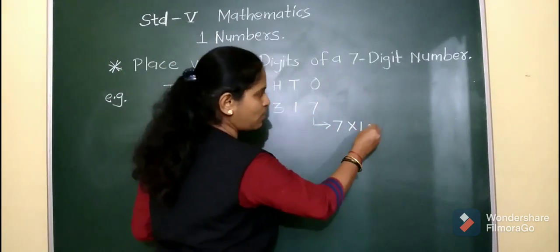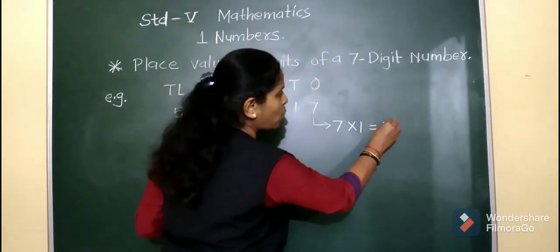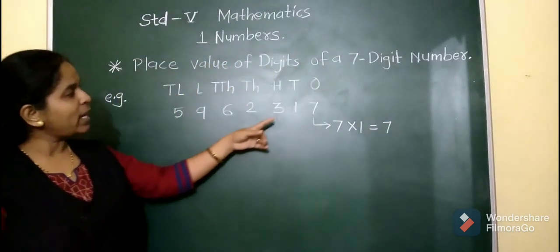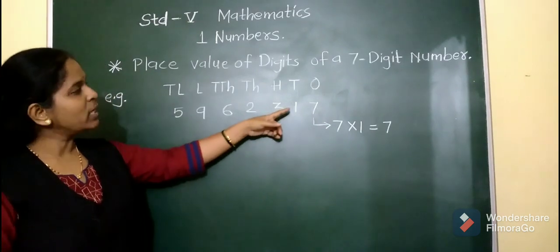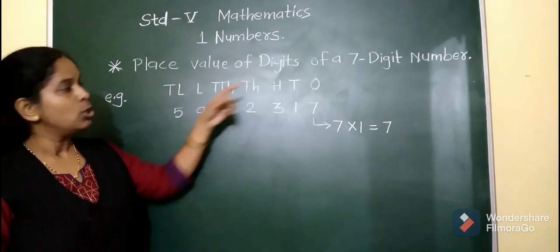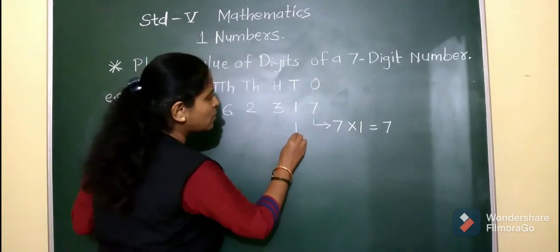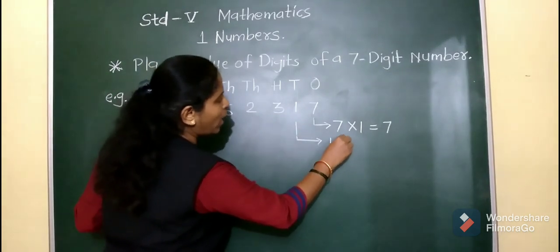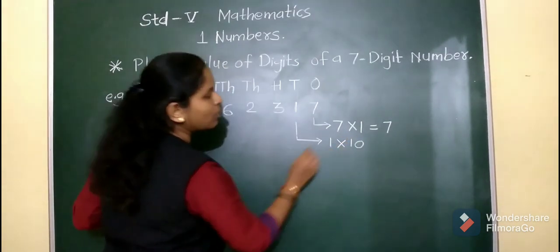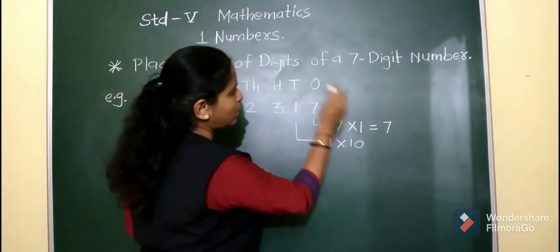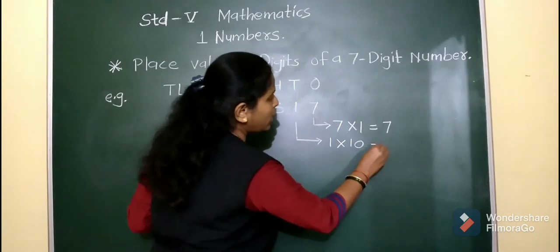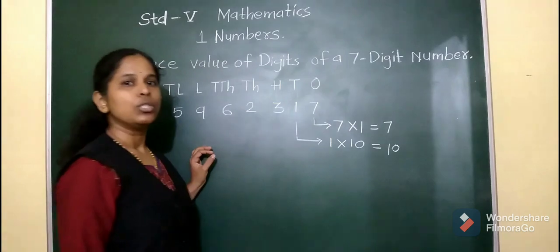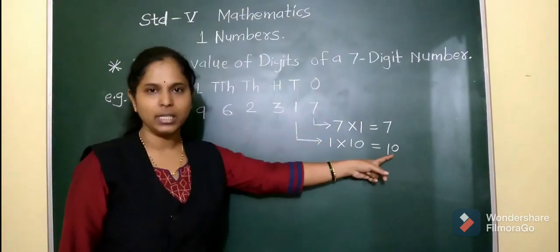So the place value of 7 is 7 ones are 7. Next digit is 1. It is at tens place, so we multiply 1 by 10. 1 ten is 10. So the place value of 1 is 10.